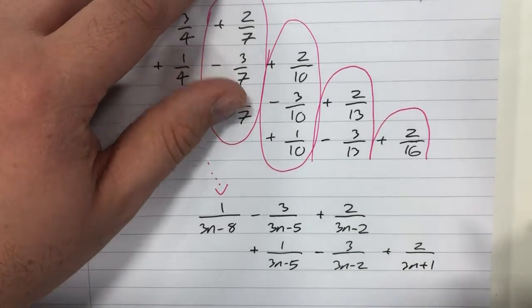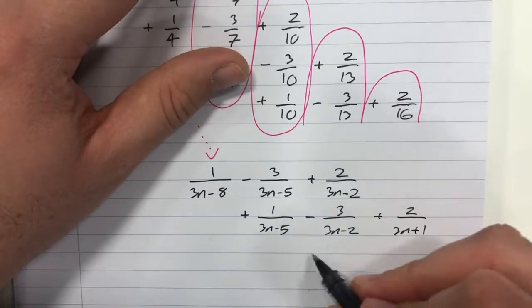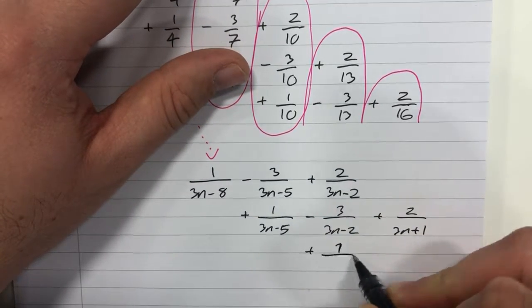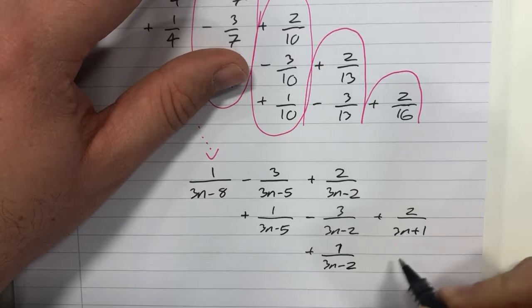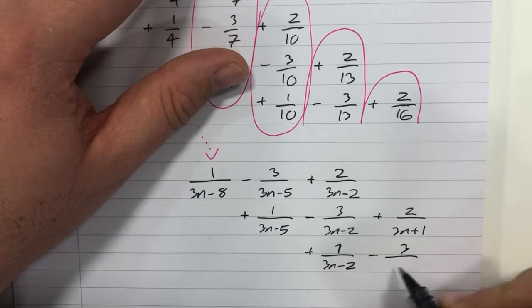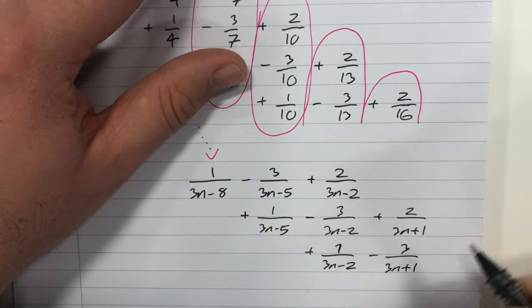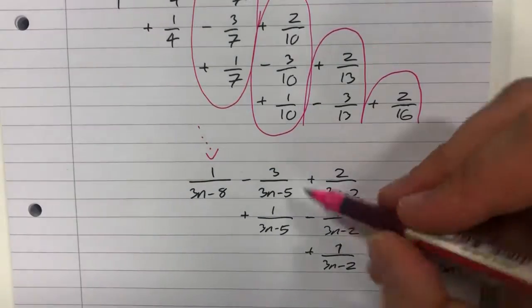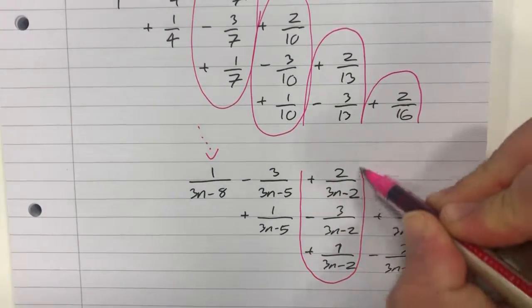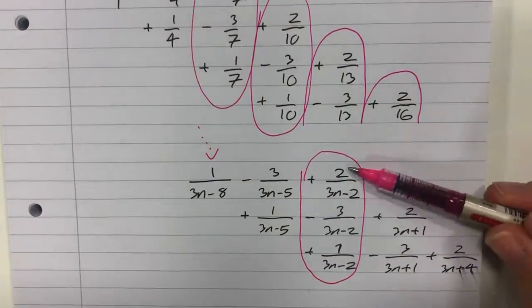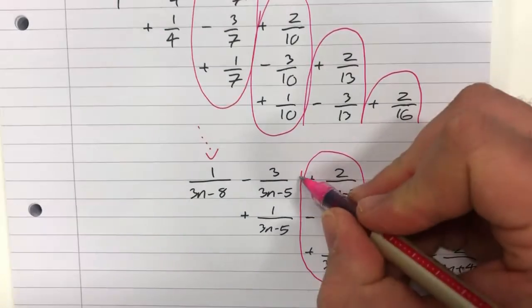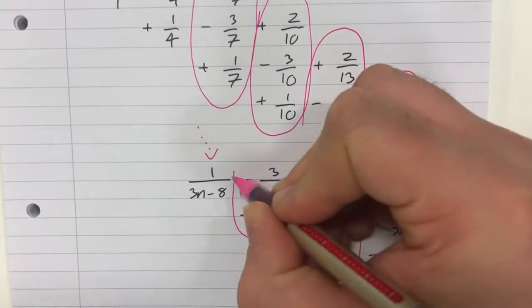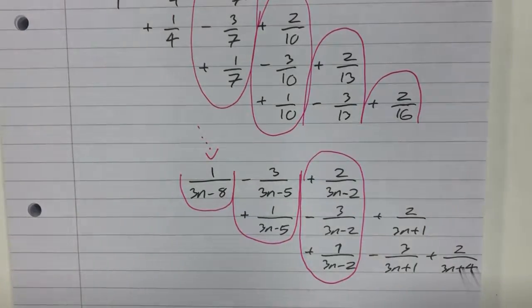And then finally plug in n, and I'll get plus 1/(3n-2) minus 3/(3n+1) plus 2/(3n+4). And we can see again that those 3s have cancelled, just while I've done the last 3 terms, so we can see the full cancellation at the end. Those 2s will cancel with the one before it, that one will cancel with the 2 before it.